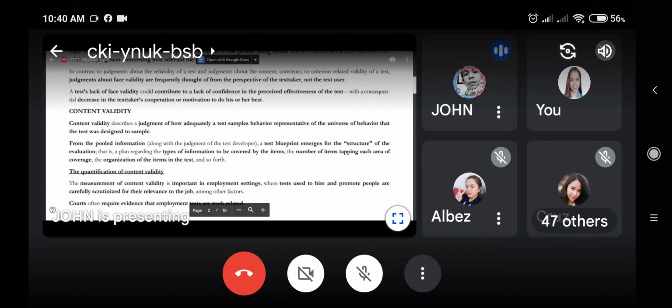Okay. Dito pumapasok yung tinatawag nating paggamit ng test blueprint. When you are doing content validity, the test blueprint, or the table of specifications, will be your point of reference. Why? Because this will give you information about how you're going to do the organization of the test and the coverage.